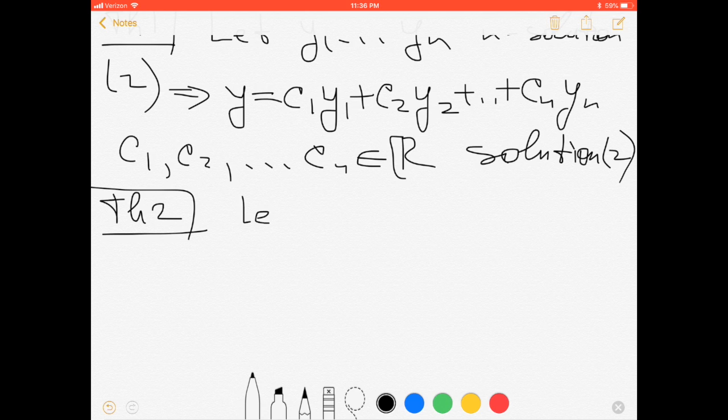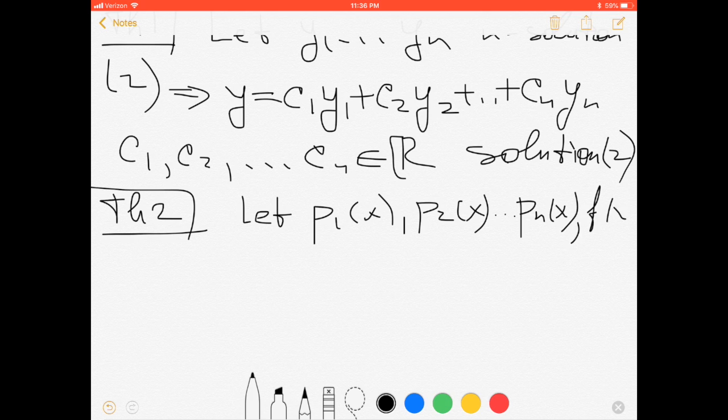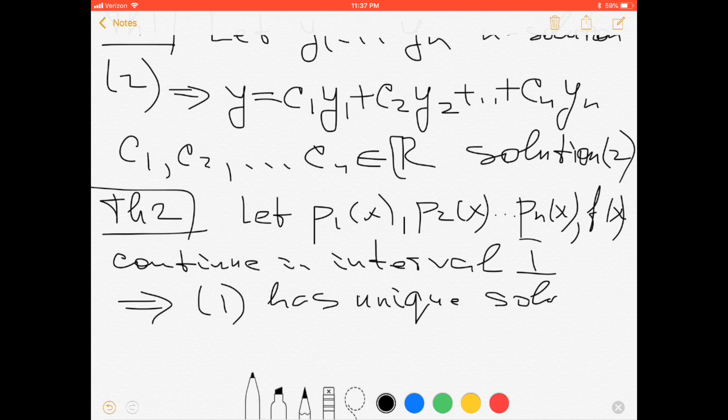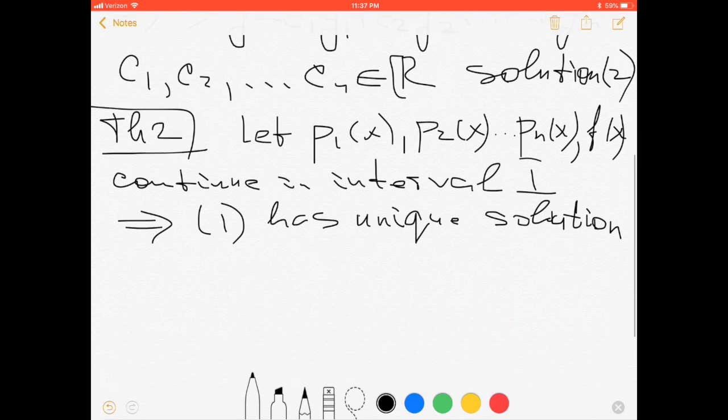Let the functions p1(x), p2(x), all the functions we use in our equation 1, up to pn and f(x), all be continuous in some interval I. Then equation 1 has a unique solution with a given initial point.